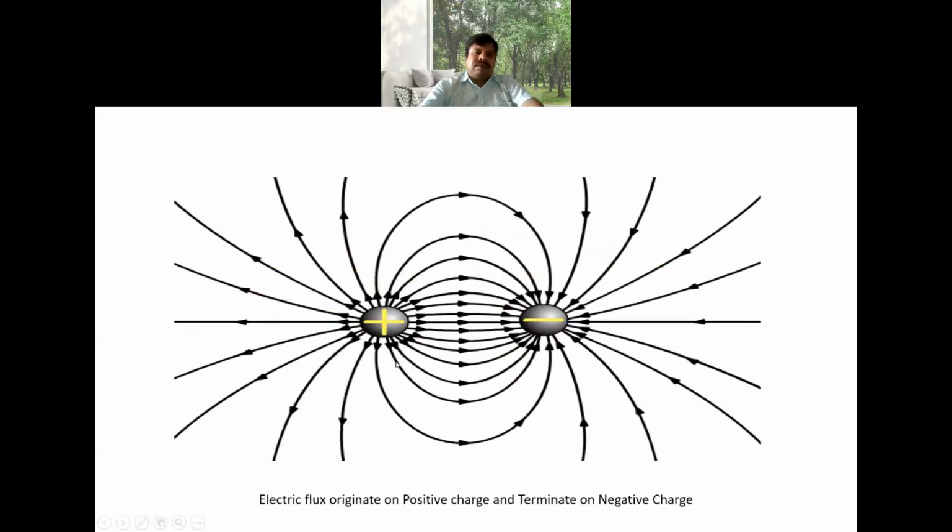Okay. So here, whether it is a positive charge or a negative charge, the electric flux lines will originate from the positive charge and terminate on the negative charge. The direction of the electric field is also given by the direction of these electric flux lines.